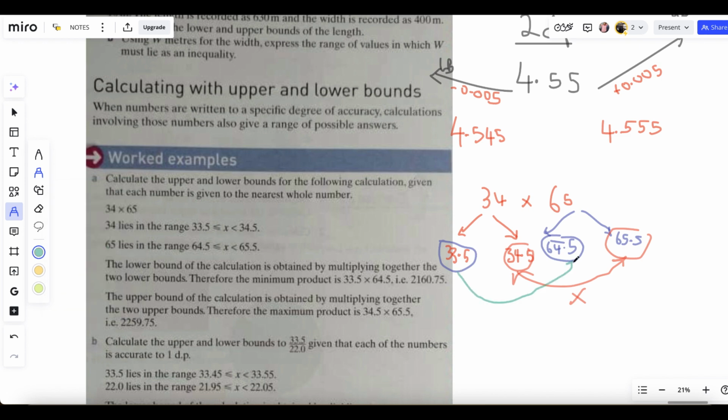The same thing applies to addition: you add lower to lower and upper to upper.